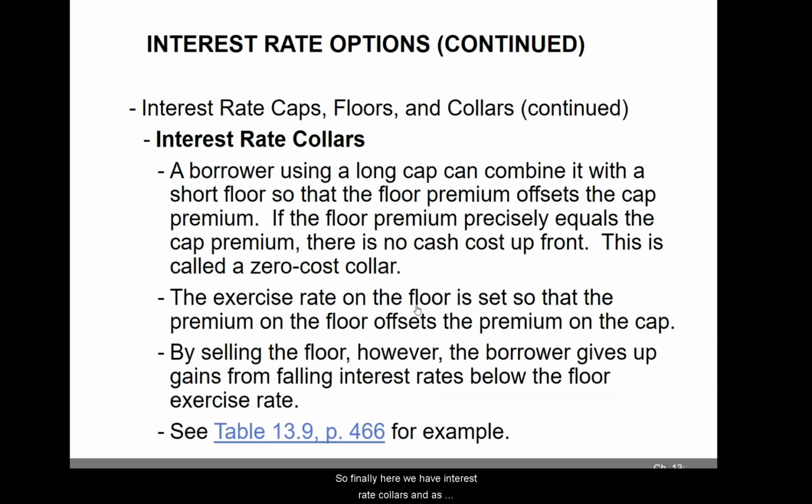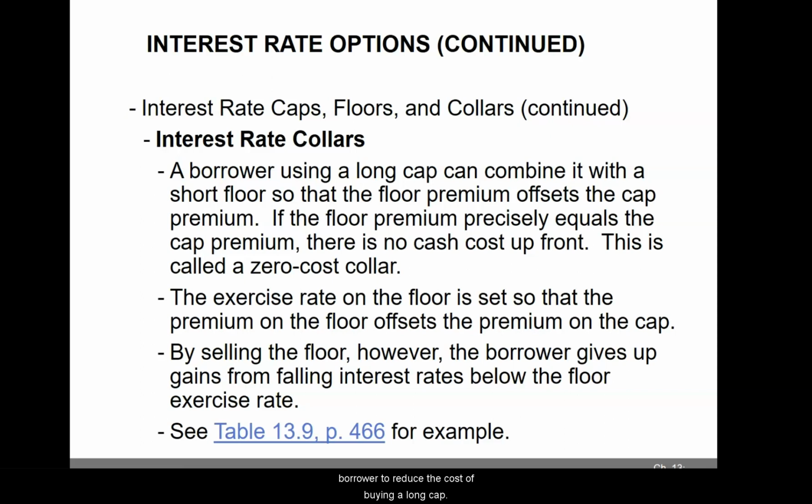So finally, here we have interest rate collars, and as we know, interest rate collars involve a combination of a long position in interest rate cap and a short position in an interest rate floor. This is a useful strategy for a borrower to reduce the cost of buying a long cap.